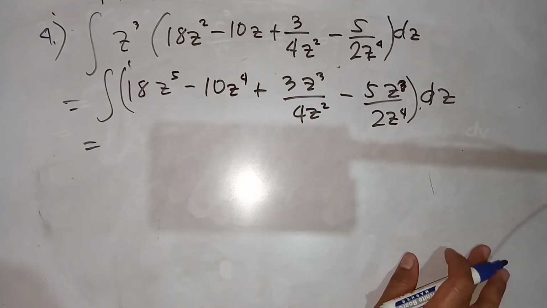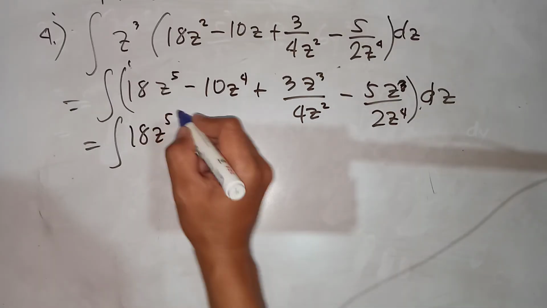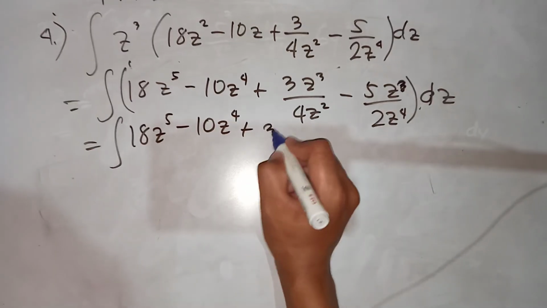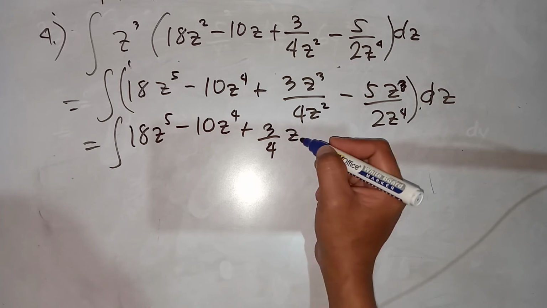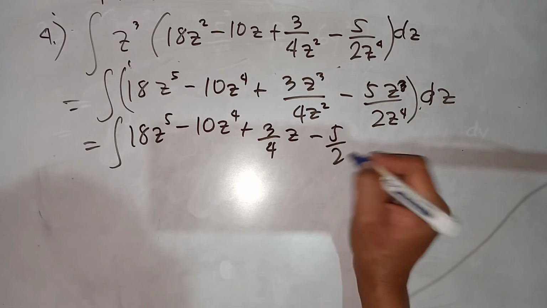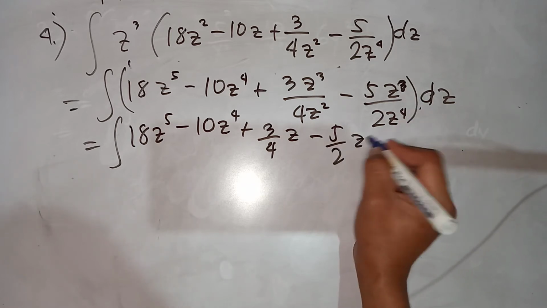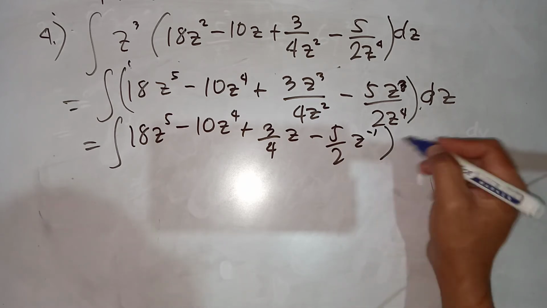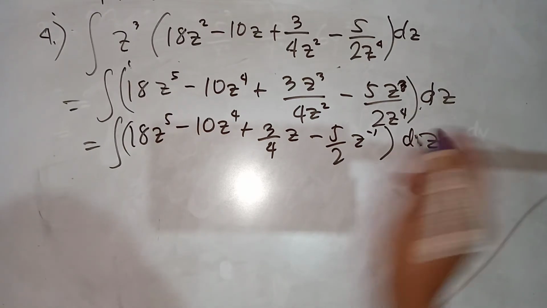So this becomes integration of 18z to the fifth minus 10z to the fourth plus this 3/4 z minus 5 halves z raised to negative 1 dz.